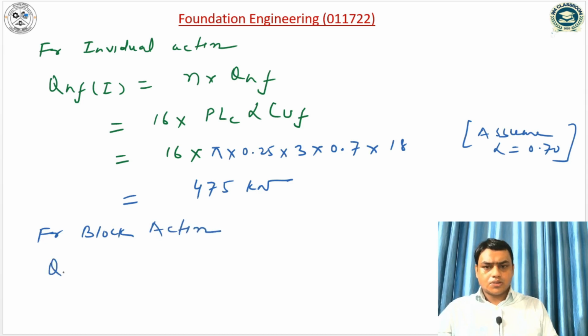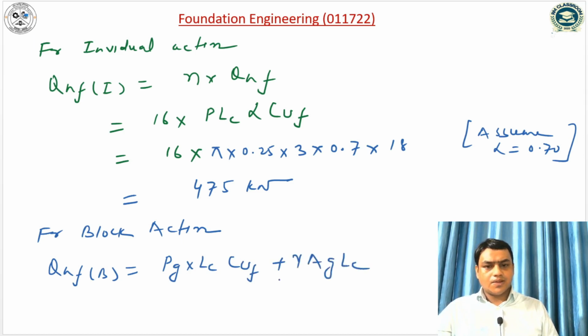For block action, the negative skin friction for the block will be the perimeter of the pile group into LC into CUF, plus the self downward weight, gamma into A group into LC.